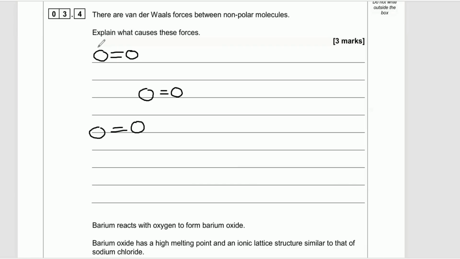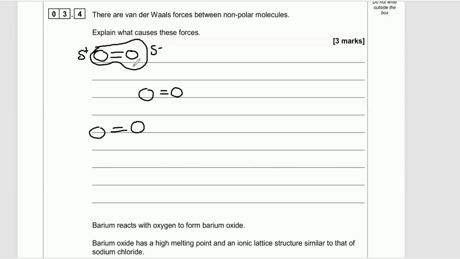Well, at any one moment, electrons are moving. At one moment the electrons in the bond might be slightly closer to this oxygen, and then a moment later slightly closer to that oxygen, hence the bulge around this oxygen. Temporarily this becomes delta negative and this oxygen atom becomes delta positive.